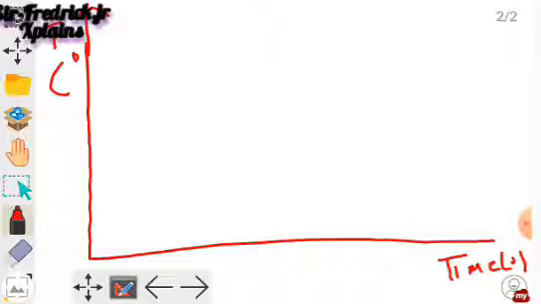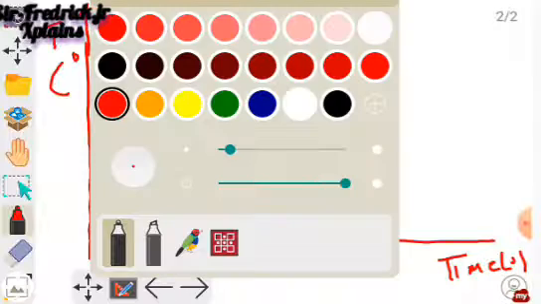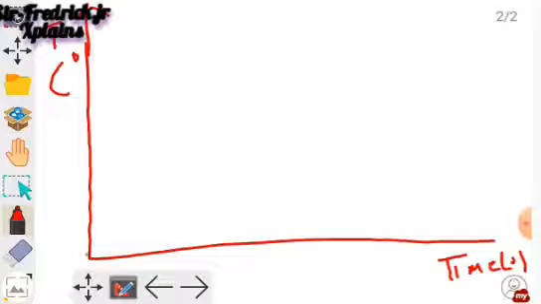Okay, so this is an ice block. You take an ice block from the refrigerator, you expose it to the sunlight. What will happen? It will start melting. So observe, it will start melting.